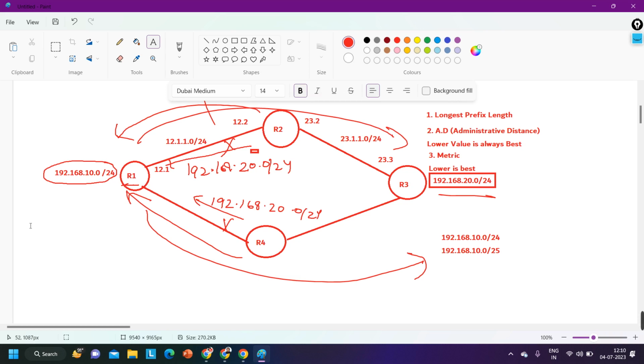Let's say router 1 is receiving the network 192.168.20.0/24 with prefix length 24.